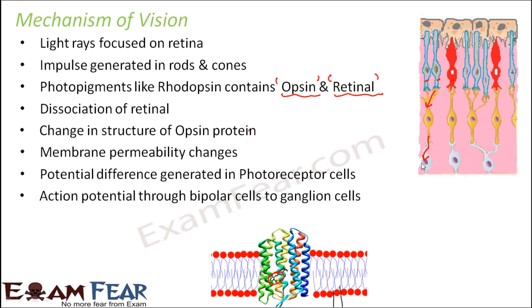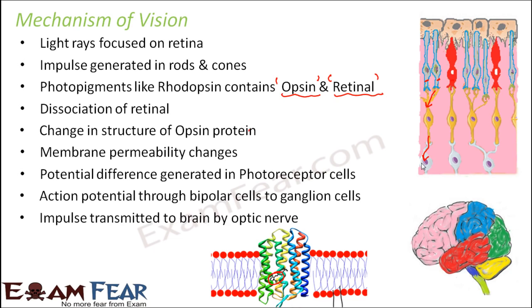From the bipolar cells, it travels to the ganglion cells. Then this impulse is transmitted to the brain by the optic nerve. In the brain, it reaches that particular section, the optic lobe, which is specialized for the perception of vision.